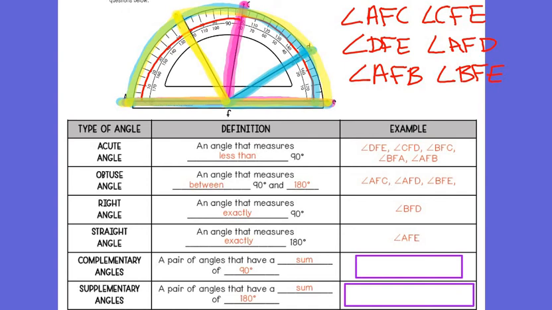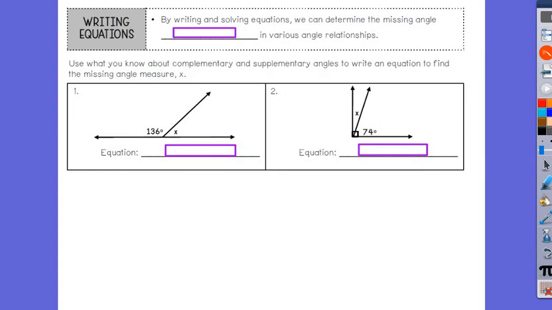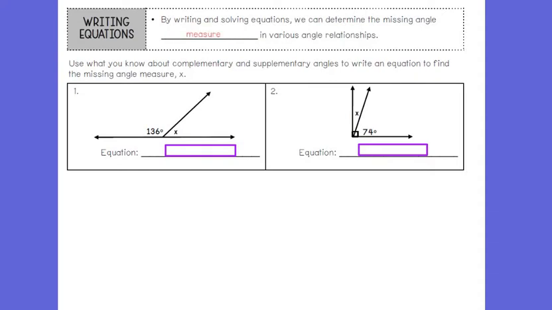Okay, not too bad. Flip to the back side. It says writing equations. By writing and solving equations, we can determine the missing angle in various angle relationships.